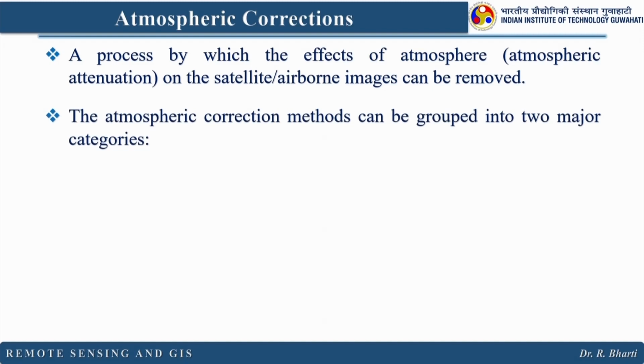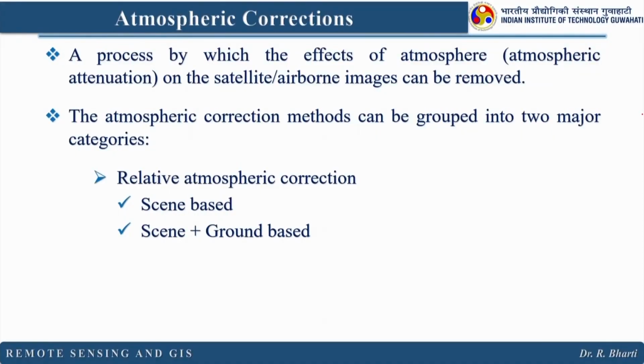The atmospheric correction method can be grouped into two major categories: relative atmospheric correction, where you have two further subcategories, scene based or scene plus ground based, and then another one is absolute atmospheric correction. So, in relative atmospheric correction, we use some fundamentals and some objects identified in the scene itself, and we have some information from the ground and we correct the images.